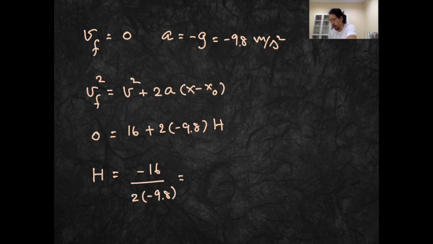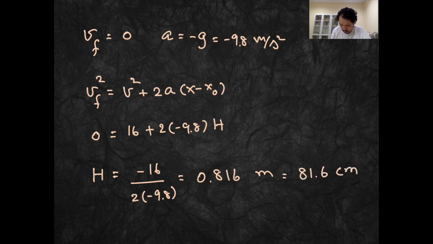Okay, you can use the calculator: 16 over 2 times 9.8, which equals 0.816 meter, which if we convert into centimeters, is 81.6 centimeters.